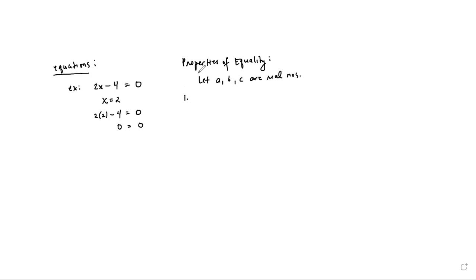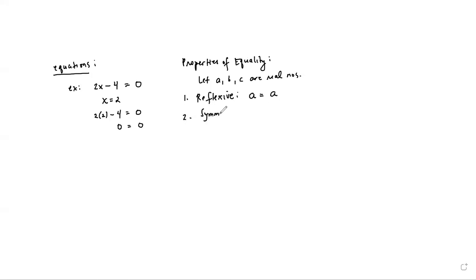The first property here is the reflexive property. The reflexive property states that a real number, let's say A, is always equal to itself. So in symbols, it's A equals A.